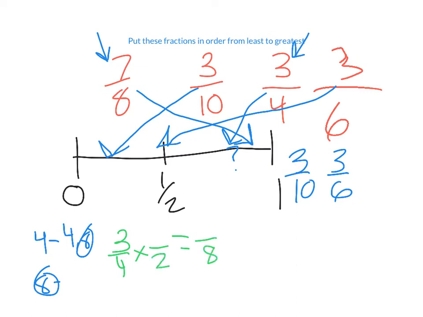That's going to be 2 over 2. And that's going to be 6/8. So 3/4 is actually 6/8. So I know 6/8 is smaller than 7/8, so I can finish putting these in order. 3/4 and 6/8 are equivalent. 3/4 comes next, and finally my 7/8.